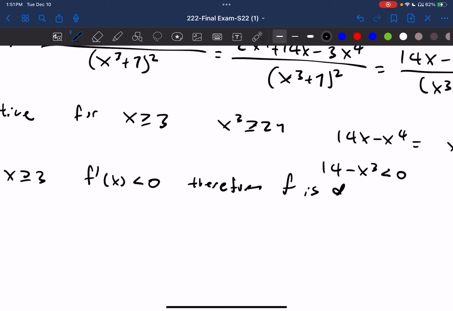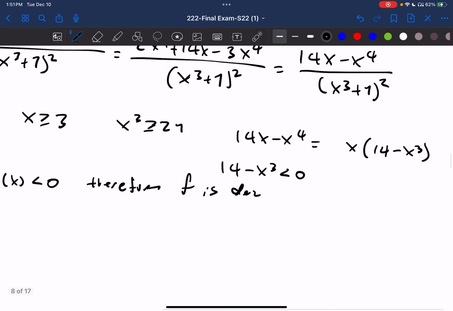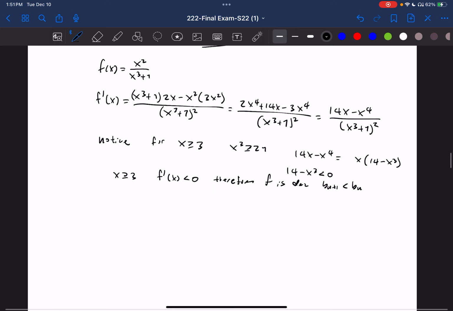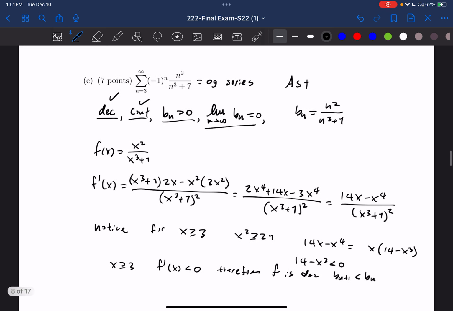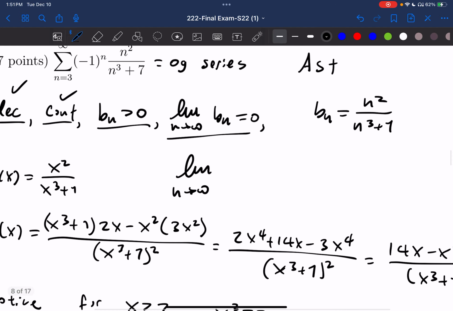f is decreasing, meaning that b of n plus 1 is going to be smaller than b of n. So we know it's decreasing, we know it's continuous, and now we can say the limit as n goes to infinity of b of n, which is n squared divided by n to the third power plus 7.